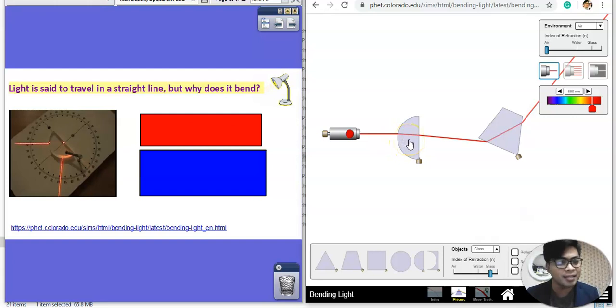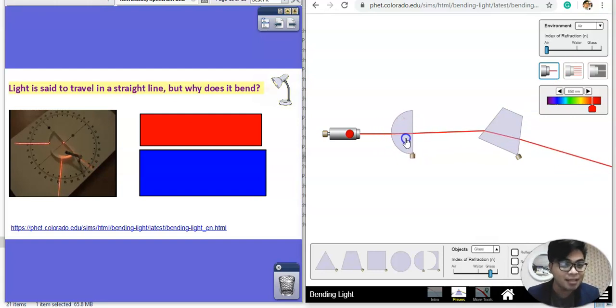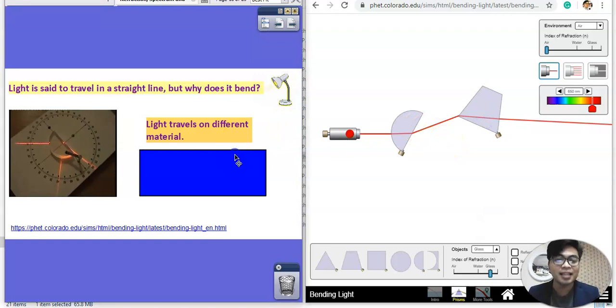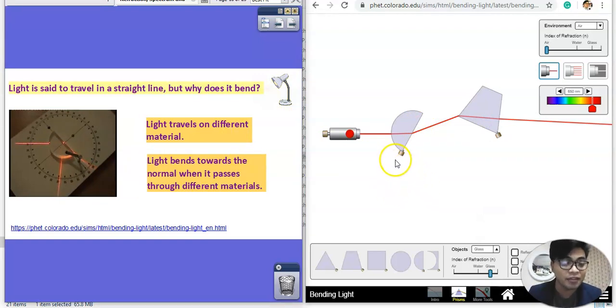So why does the light bend? It travels in a straight line, but it bends upon reaching the glass. Why? Well, first, light travels in a different material, the air and the glass, and light bends towards the normal when it passes through different materials.